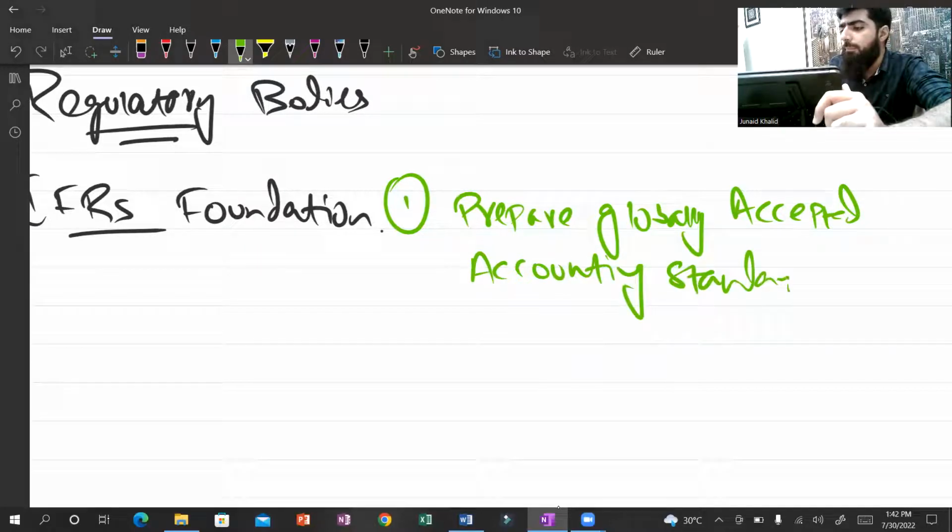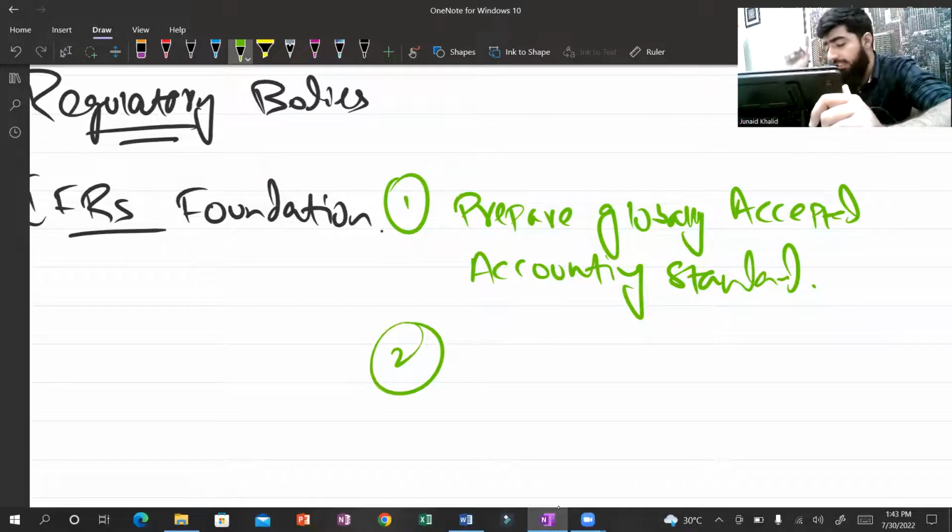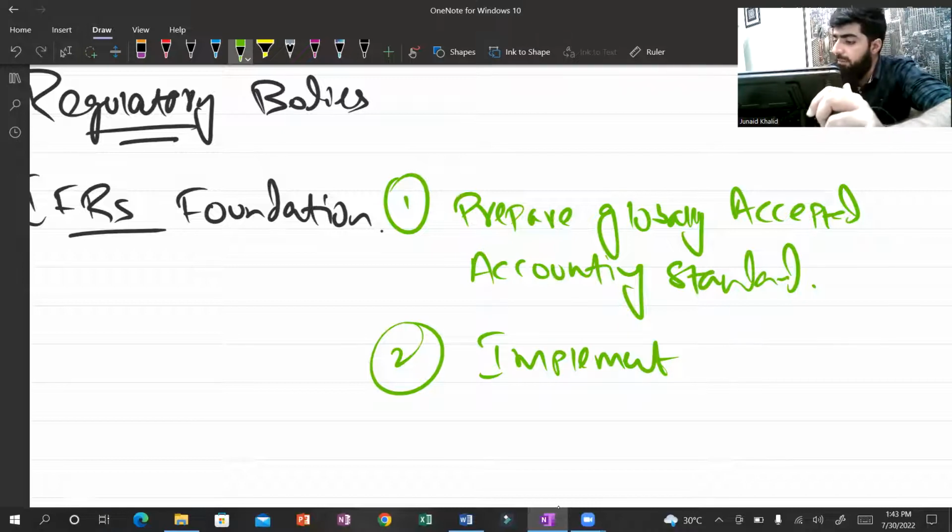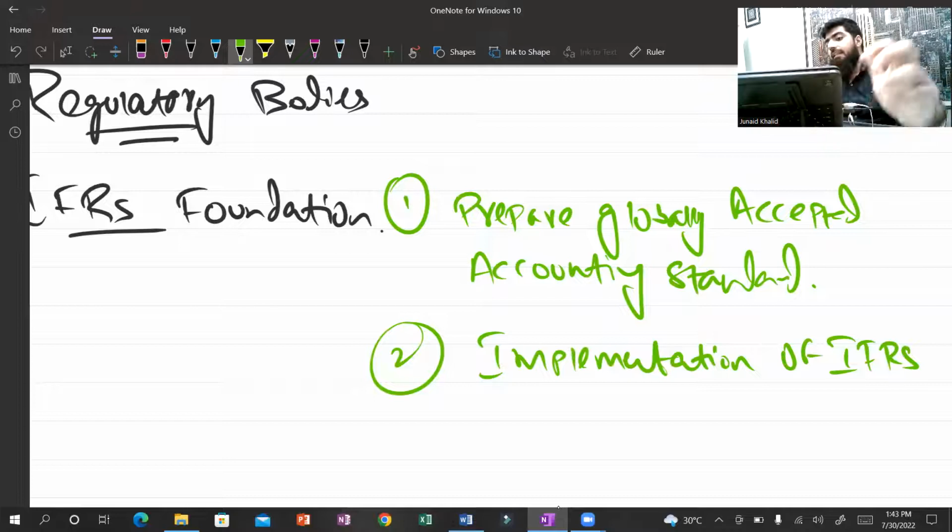And it was not about only to prepare or establish, but the second objective of IFRS Foundation is to implement the accounting standard, implementation of IFRS. Whatsoever the accounting standards are prepared or established, let's implement those IFRS all over the world.